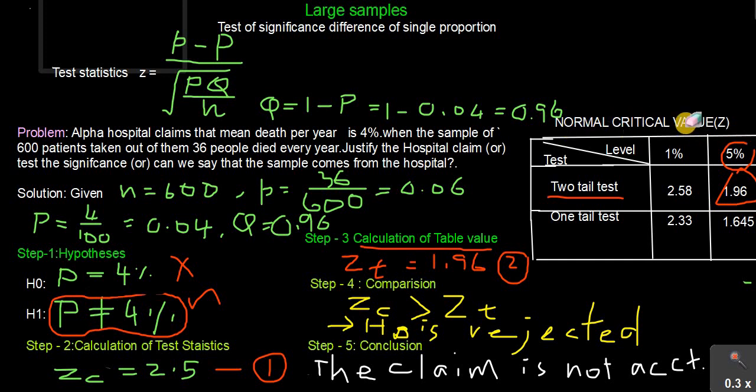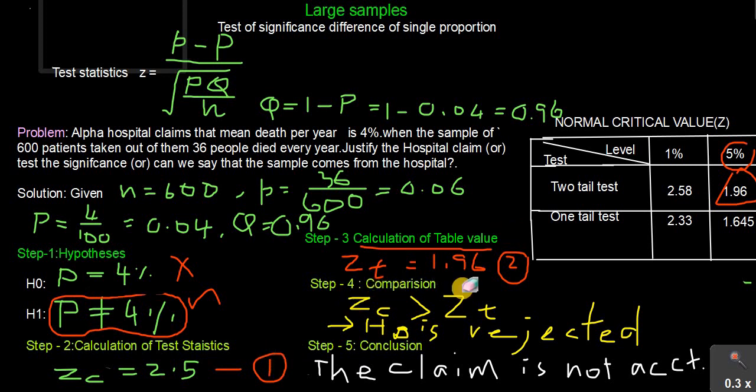Note that here it is a two-tailed test, because the alternative is not equal to. For 5% level of significance, the normal critical value is 1.96, so the tabular value of Z equals 1.96. I am calling this equation number 2 and the earlier one equation number 1.